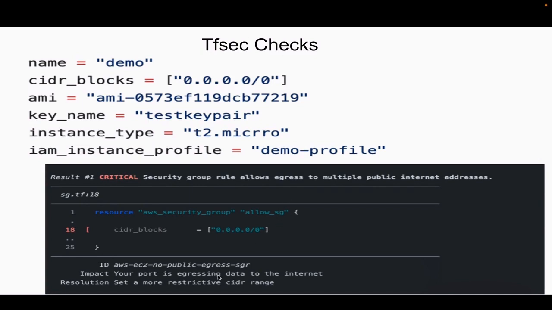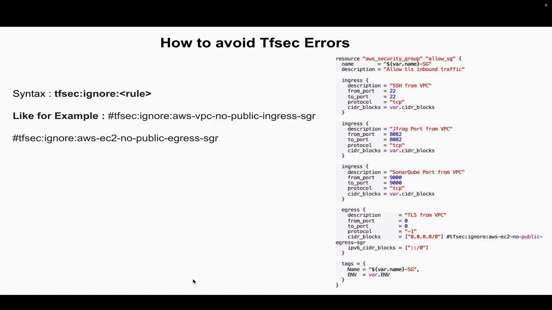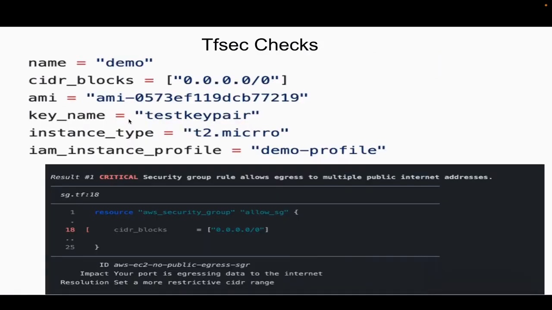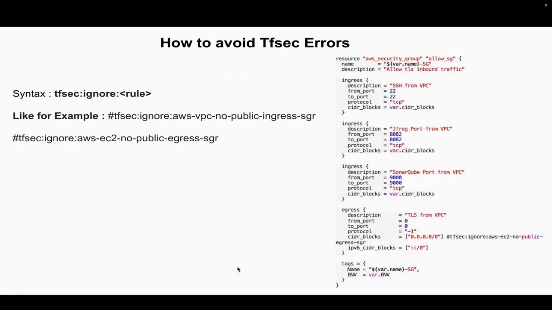Or to avoid this error, you can do another thing: you have to add the tfsec ignore syntax. As an example, for our case, we need to add this rule, tfsec:ignore:aws-ec2-no-public-egress-sgr, into the Terraform file.